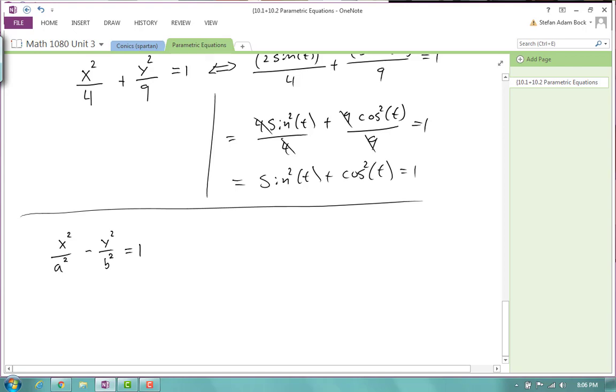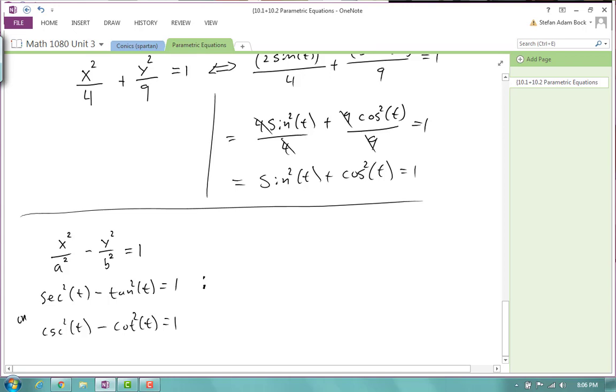Well, what satisfies this one is I'm supposed to look at this kind of like secant squared of t minus tangent squared of t equals 1, or cosecant squared of t minus cotangent squared of t equals 1.